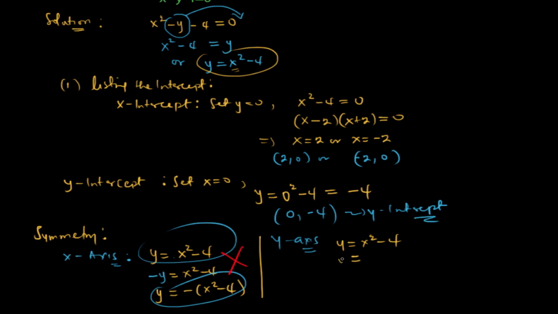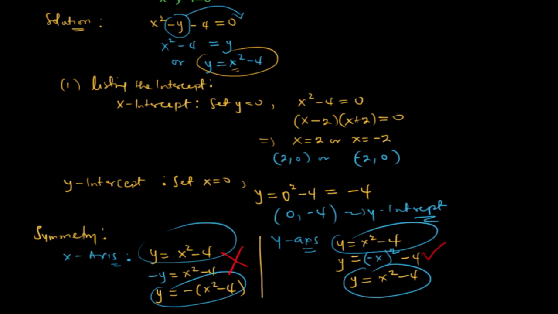So this is going to be y equals negative x, and you need to put the square to affect everything here, minus 4. And negative x all squared is going to give us y equals x squared minus 4. And then you will observe that what we have here is the same thing as what we have here. So that implies that the equation itself is symmetric with respect to the y-axis.